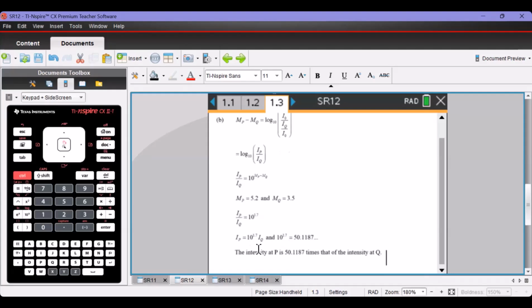Now we're going to evaluate 10 to the power of 1.7 on TI-nspire in a moment.